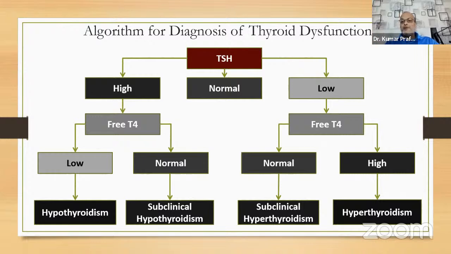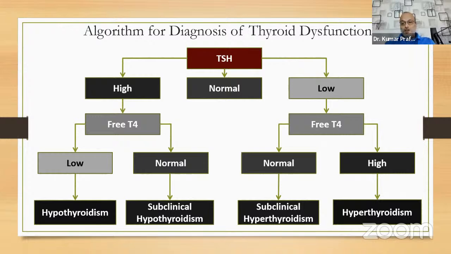We call it hyperthyroidism. Now, when TSH is low in combination with high thyroid hormone value, we call it clinical hyperthyroidism. Whereas when TSH is low in combination with normal thyroid hormone, we call it subclinical hyperthyroidism.